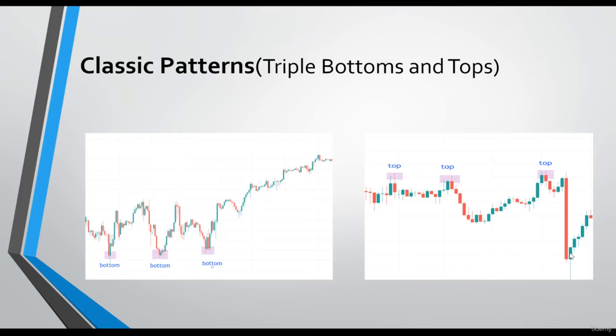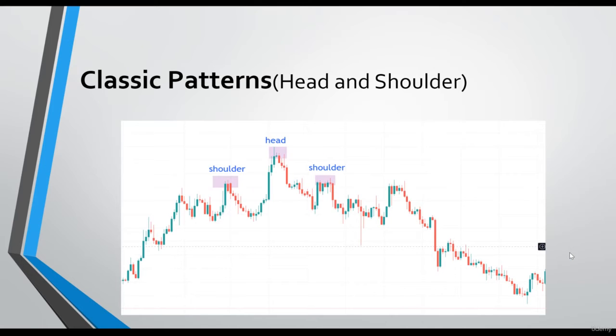All right. The next pattern, which is very popular among traders, is head and shoulders. So why do they call it head and shoulder? Because it is like someone's head and someone's shoulders.